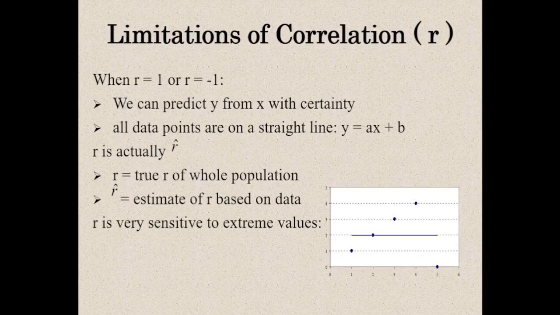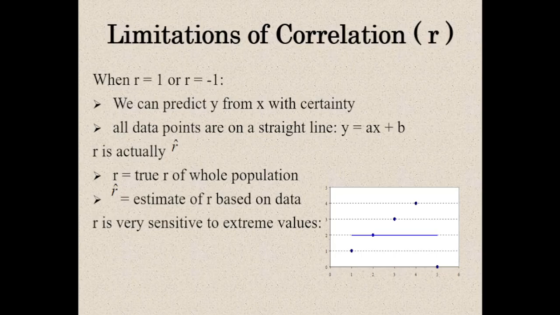When I say correlation, there were some problems related to correlation. At a certain point, when the correlation coefficient equals 1 or minus 1, that is at the extreme values, we can predict the value of y from the value of x with 100% accuracy, that is with certainty, and all the values will lie on a straight line, or you can say on a linear arrangement.